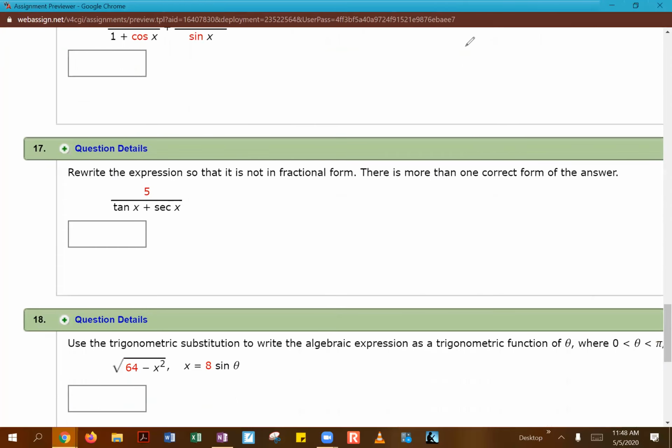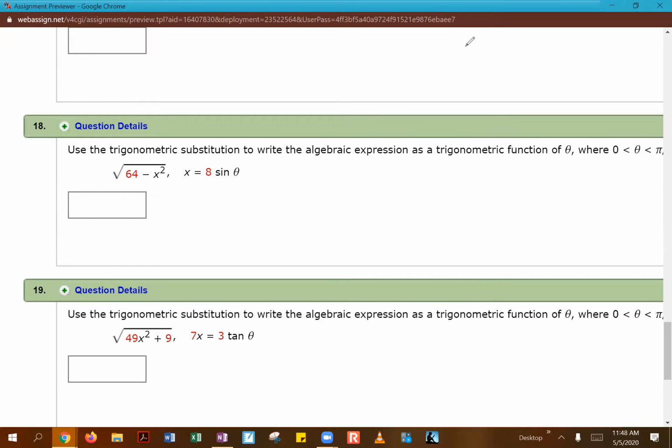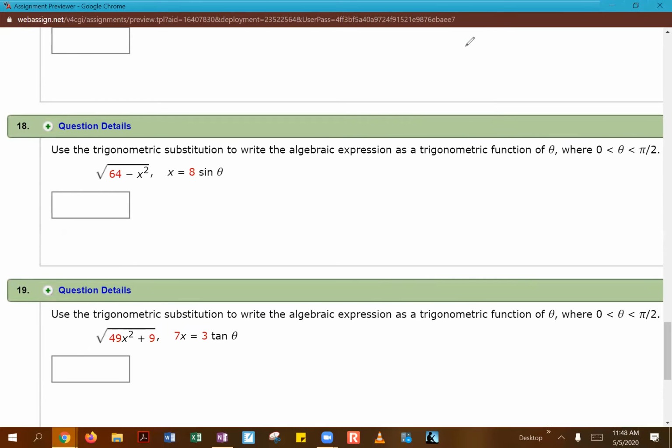Now, I actually did want to look at these kind of examples over here. So maybe something like number 18. They're asking us to use the trig substitution to write the algebraic expression as a trigonometric function of theta, and your theta is between 0 and pi over 2. So what would we do here?